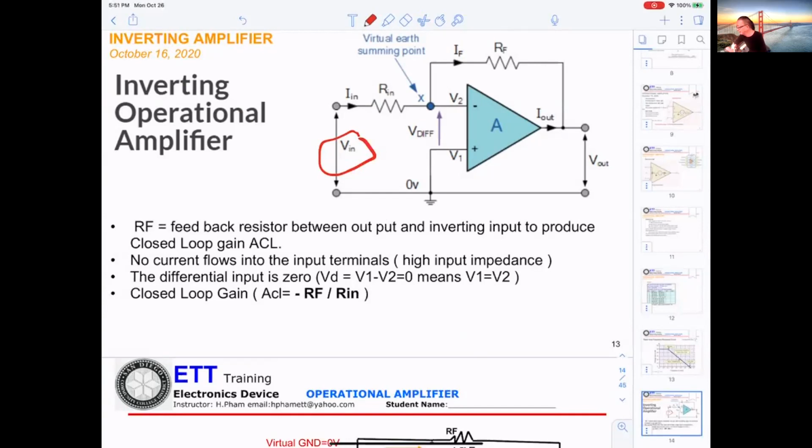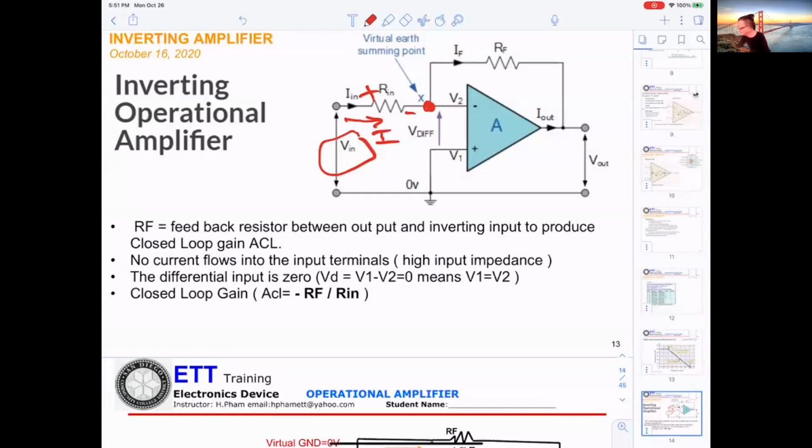Now, if you're looking in here, you can see you get a current flowing this way. This will be positive, and that will be negative. When this current goes to this point here, where does it go?